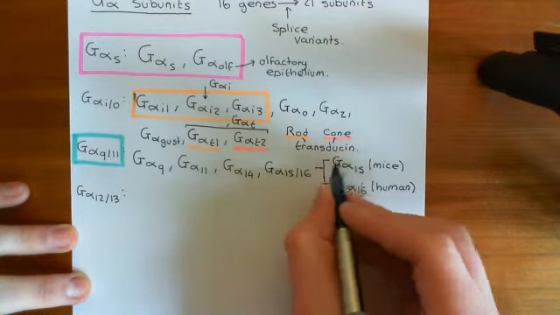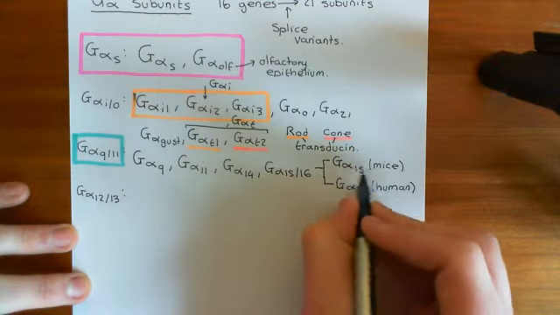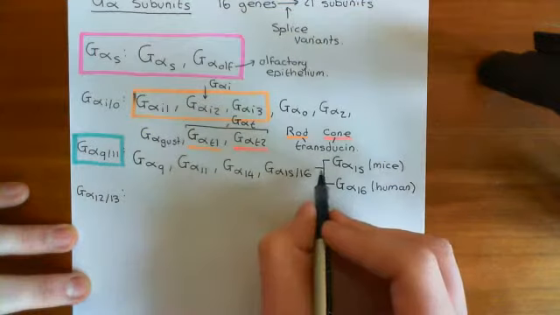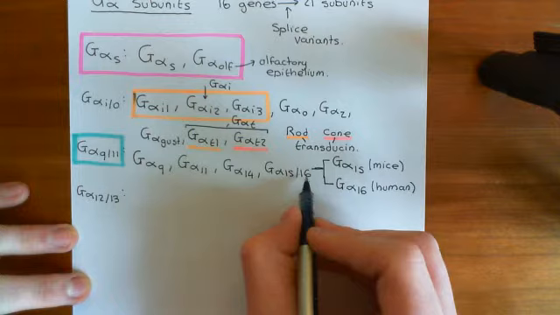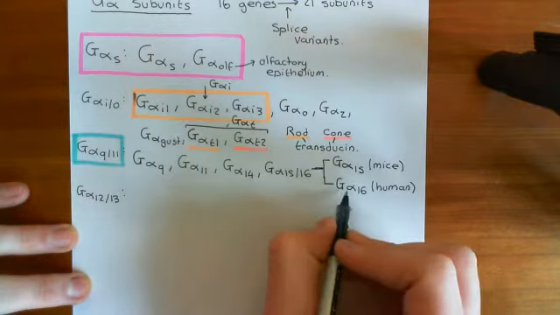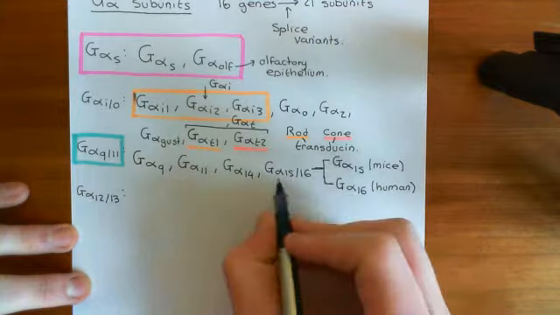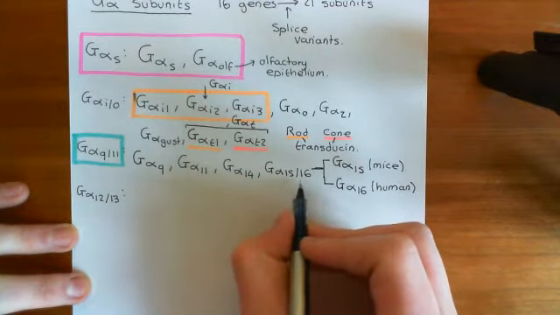This is the mouse equivalent of the human G-alpha 16, and this is the human equivalent of the mouse G-alpha 15. Okay, so there was then a movement to have the whole thing renamed G-alpha 15/16 in both mice and humans, because we don't want it called something different in mice from humans. So the movement was then to rename both of them G-alpha 15/16.